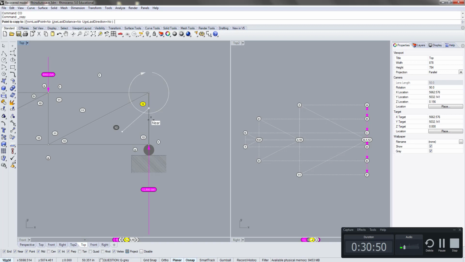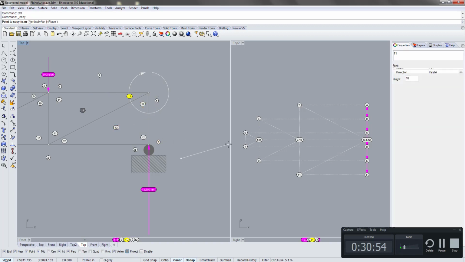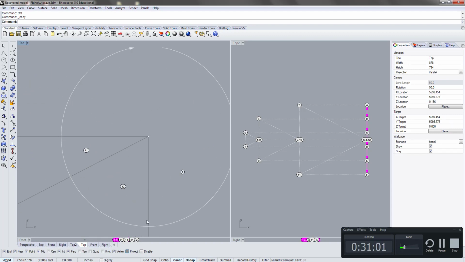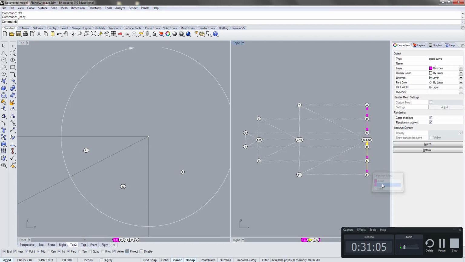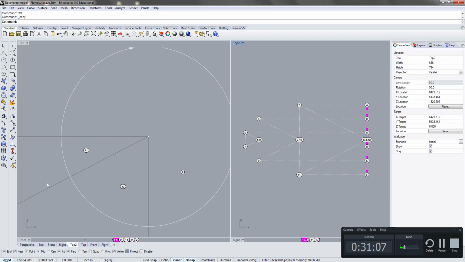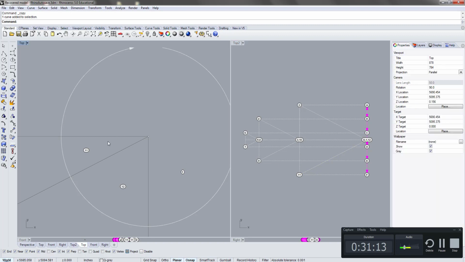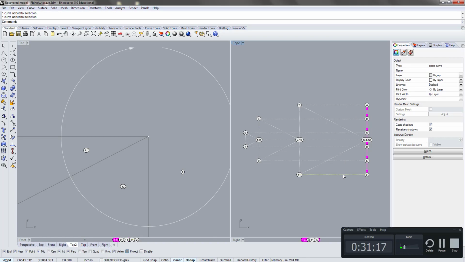So 12 is here, F is there, and 11 is there. Zooming in, the vertical is F12, so it would be right here, right? That diagonal is 12, 11, which is the line that connects 11 and 12. And this horizontal would be 11F, which is this.